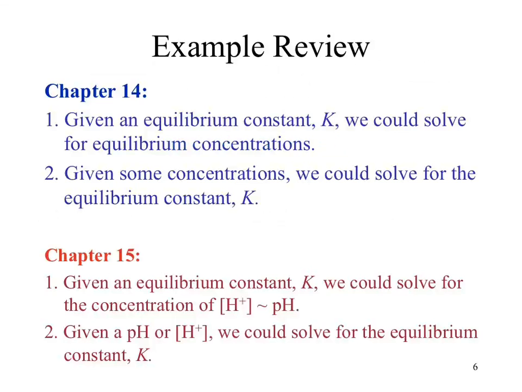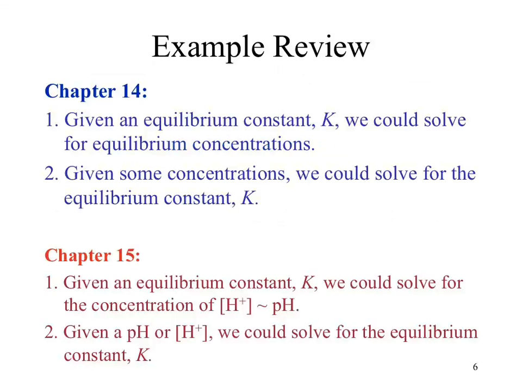So chapter 14, we looked at an equilibrium constant. We could solve for equilibrium concentrations. Or if we were given equilibrium concentrations, we could solve for the equilibrium constant. When we move into chapter 15, we're doing effectively the same thing, except now instead of looking at general reactions, we're looking at very particular reactions.